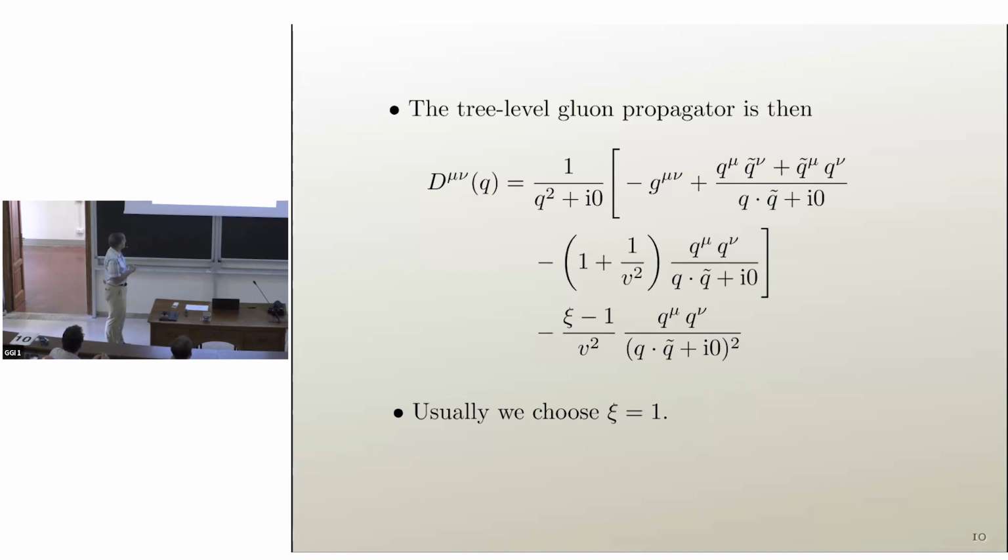And then if c is not one, there's a (c−1)/v² term, q^μ q^ν over (q·q tilde) squared. This one hasn't got that 1 over q². Best to think of c equals 1, and then you just get rid of it. So that's what we usually would choose. But when you're doing renormalization, you have to allow for c to be a variable because it gets renormalized.